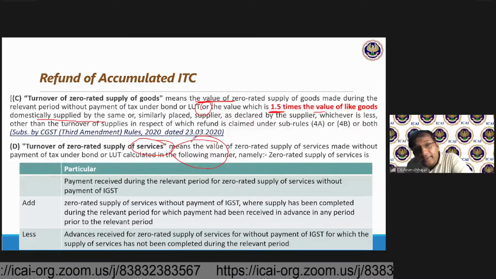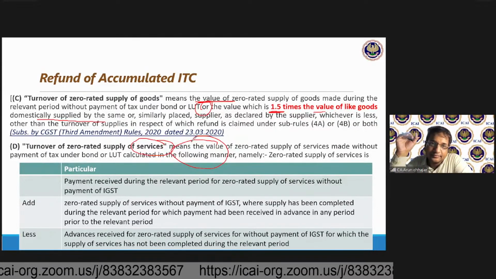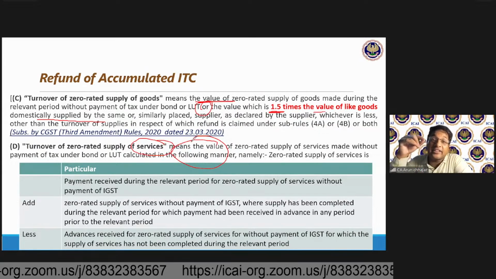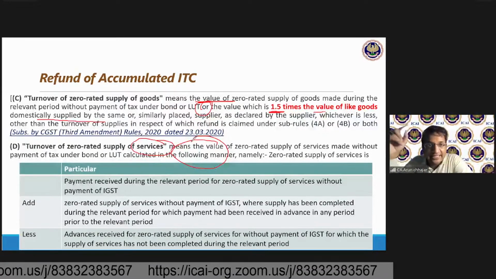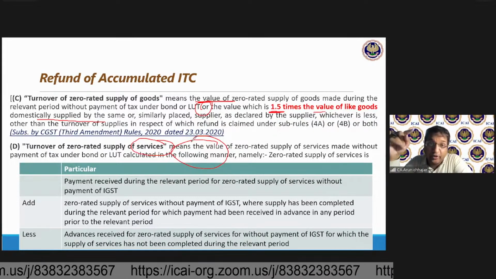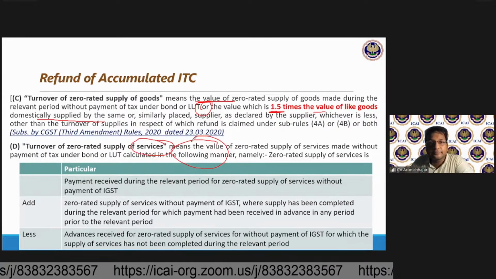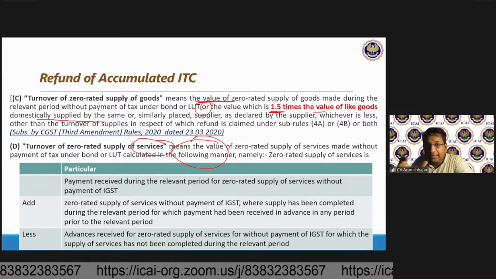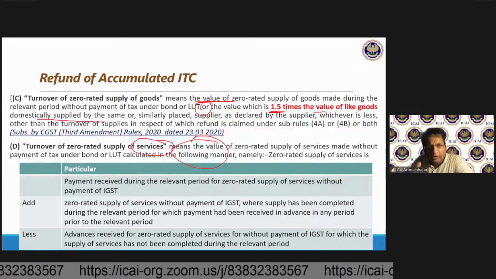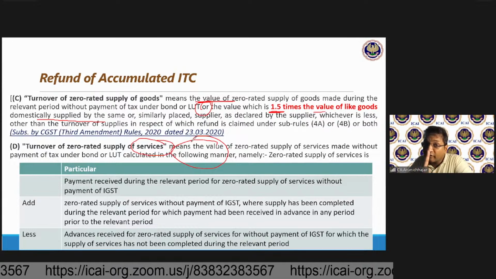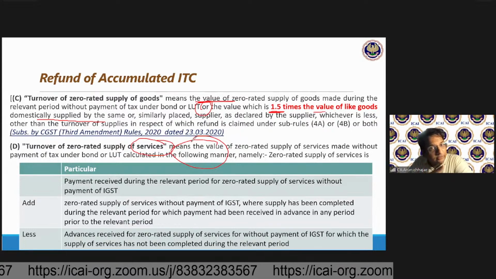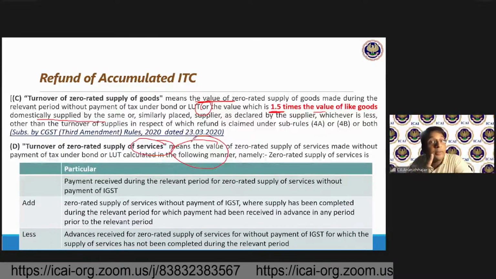Means if I have exported 1,000 rupees, I have raised the export invoice for the supply of service of rupees 1,000. I am talking about the turnover part. Whether 1,000 is the turnover, answer is no. For taking the refund, the turnover of the zero rated supply of the service is payment based.